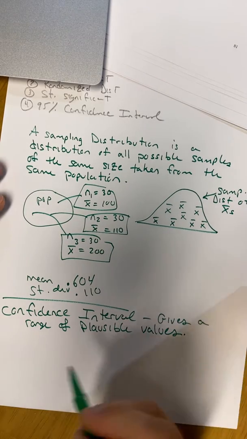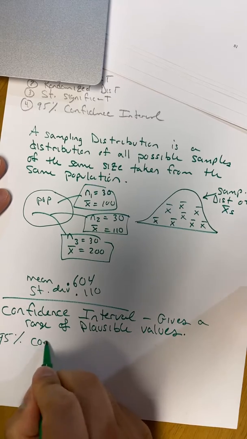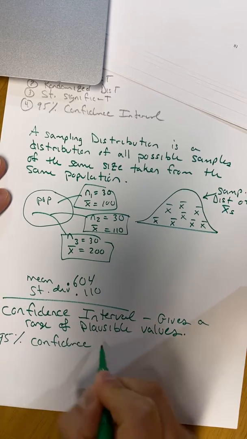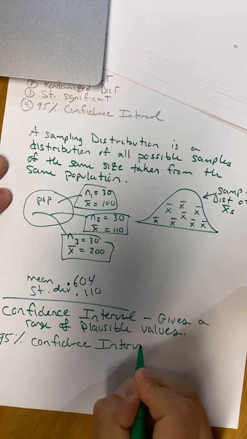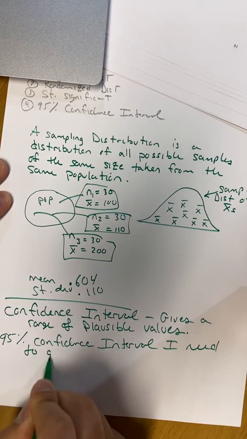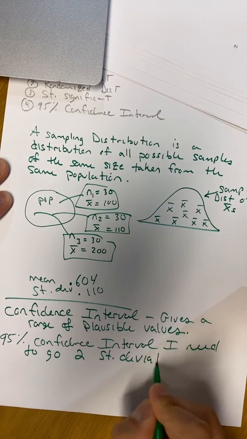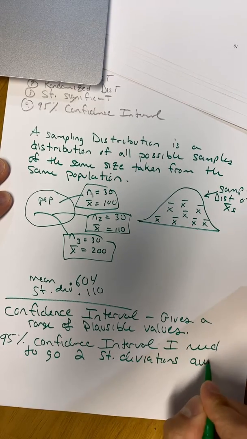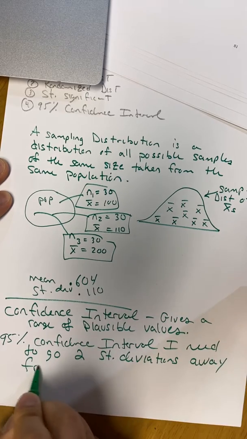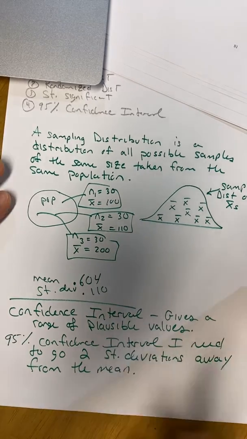So if I wanted a 95% confidence interval, I need to go 2 standard deviations away from the mean. It's actually not 2, but in this course it's 2.